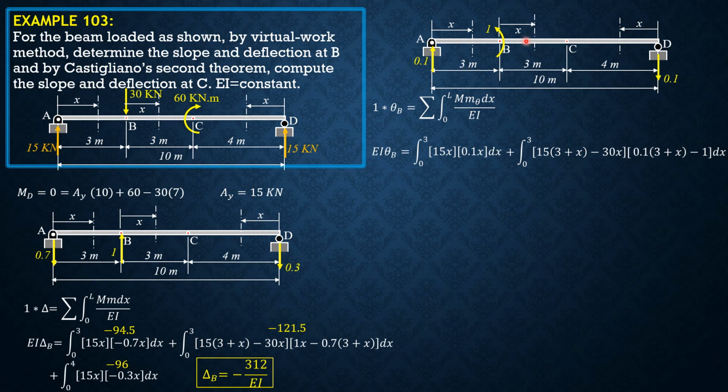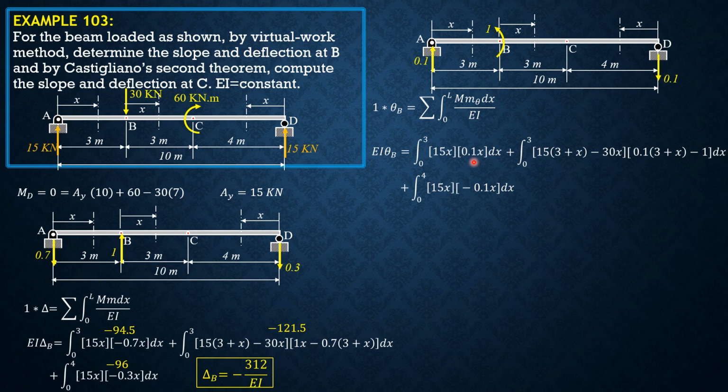Again, moment in this section is positive 0.1 times 3 plus x, then minus 1. Then lastly, in this section, we have integral of 0 to 4 of 15x. Then the moment in this section is negative 0.1 of x, 0 to 4.